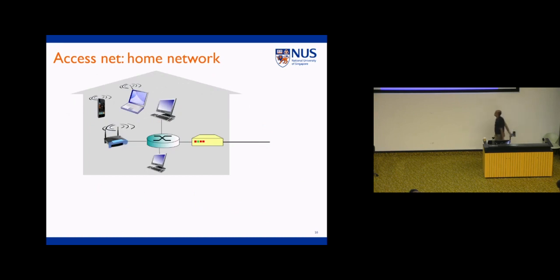And this is something you have seen. This is your typical home, I guess. So you have a cable coming in. In Singapore, this morning I was trying to look up what fraction of homes in Singapore use optical fibers now. I got some number, but that didn't make sense to me because it was saying 1.4 million fiber connections. Then I looked up how many households are there in Singapore.